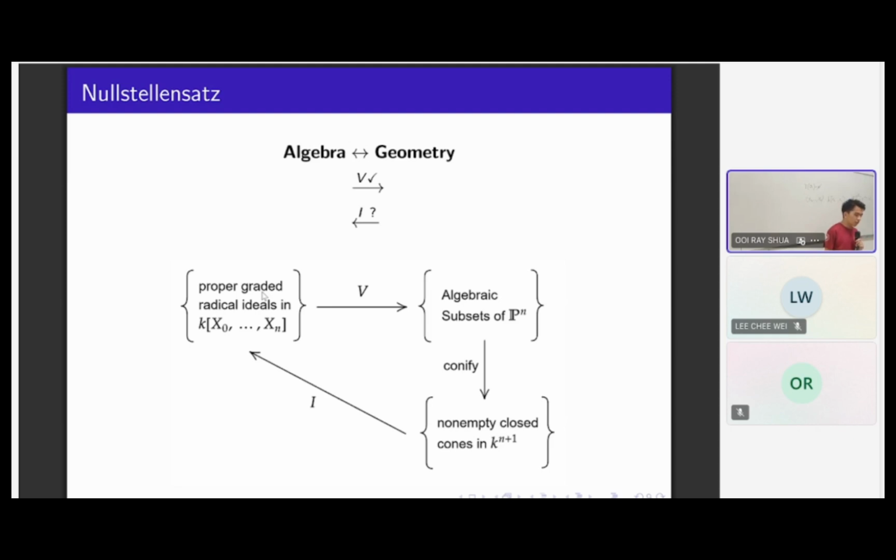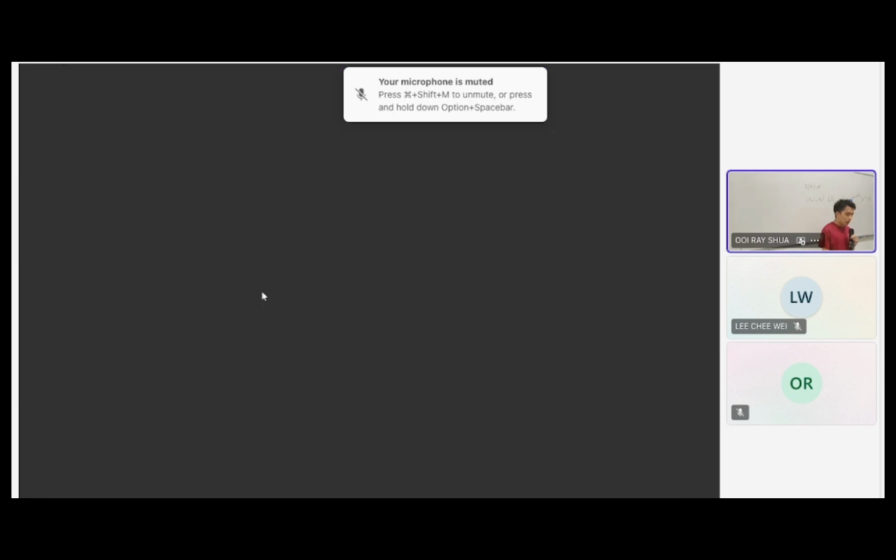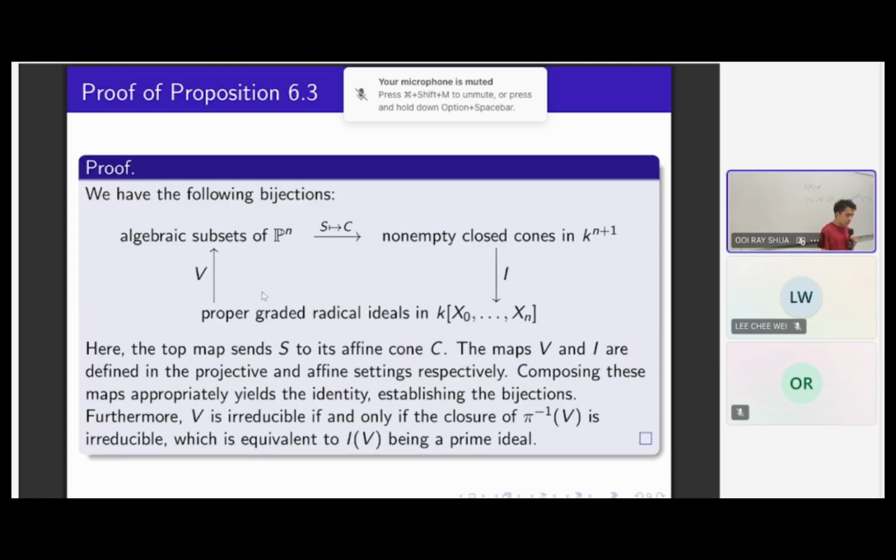So essentially, that's what this proposition states. What they wrote in a few lines is what I mentioned just now. Of course, you need to check some of the details for the bijection, but essentially that's the case with these definitions.